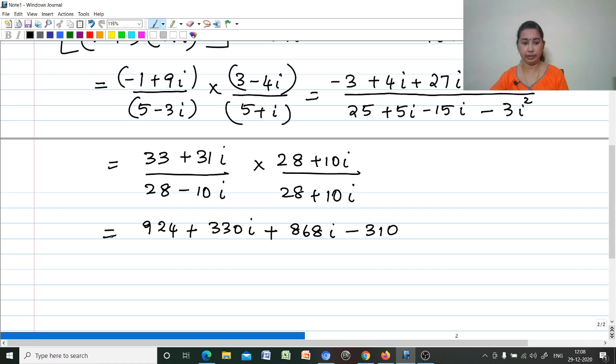Then the whole divided by (28 minus 10i) into (28 plus 10i).